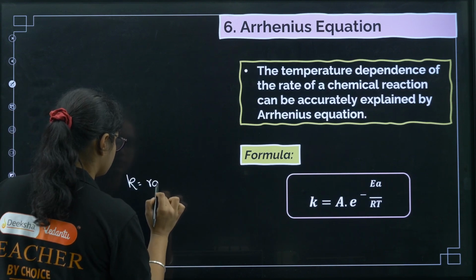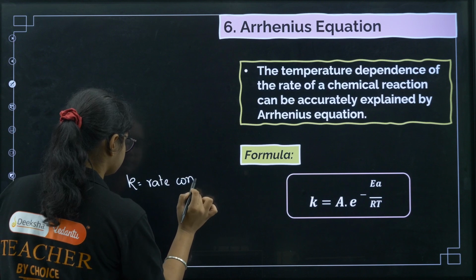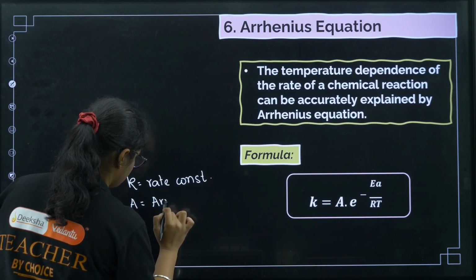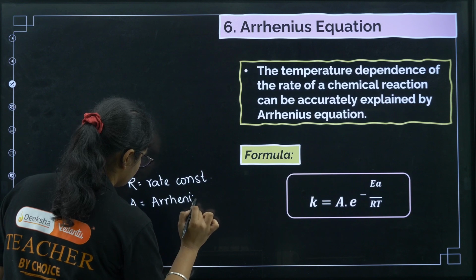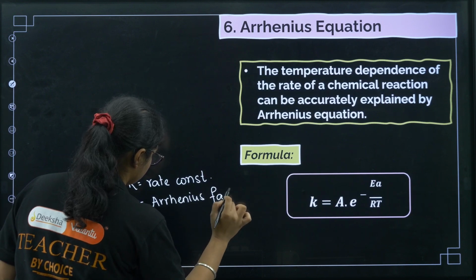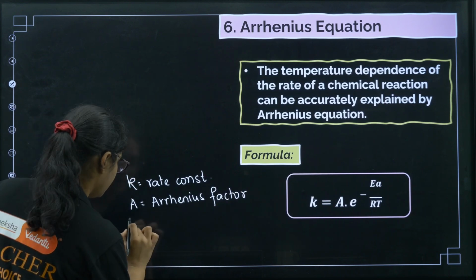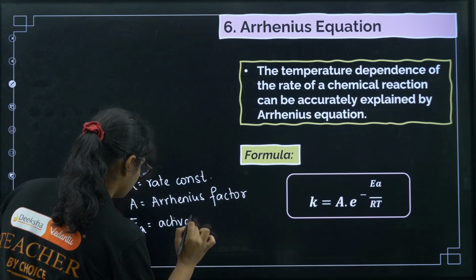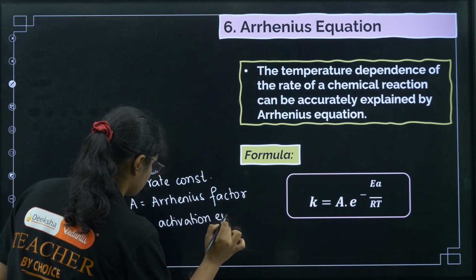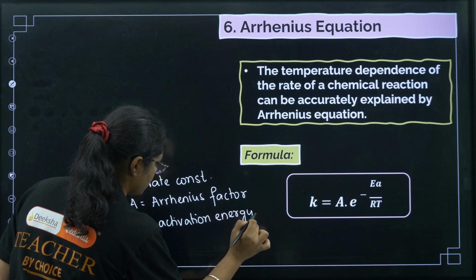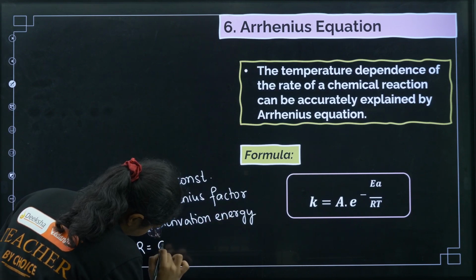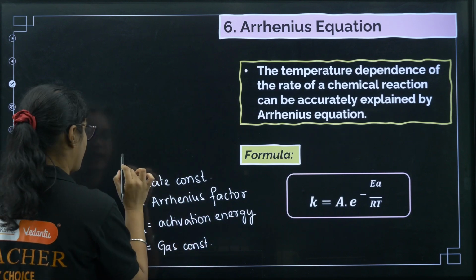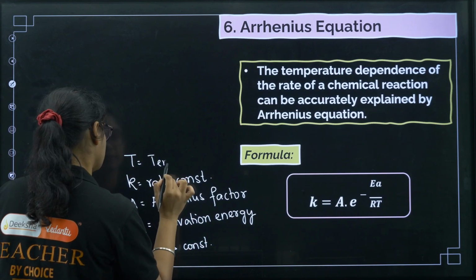K is your rate constant, A is equal to Arrhenius factor, EA is activation energy, R is equal to gas constant, and T is equal to temperature.